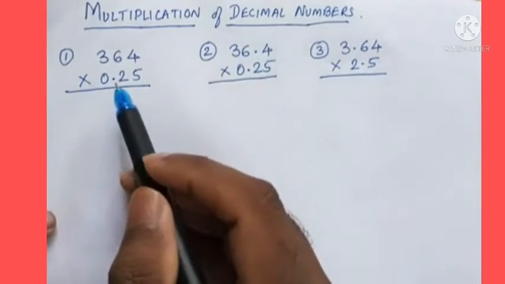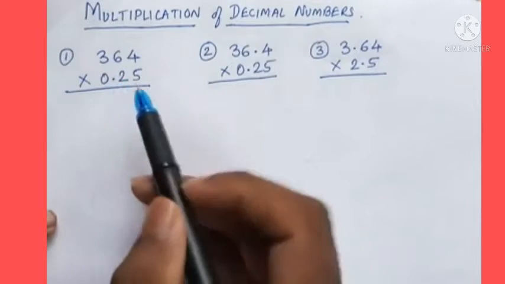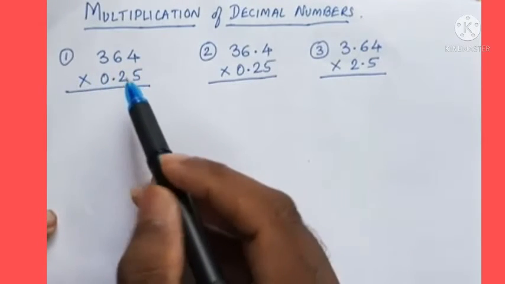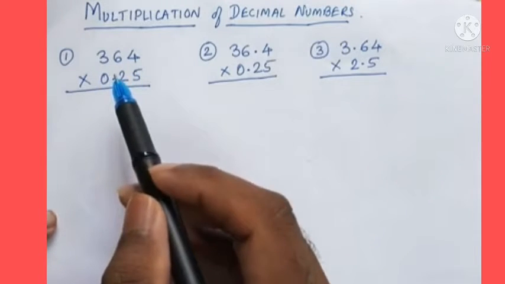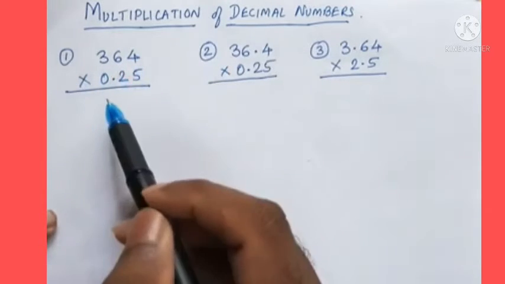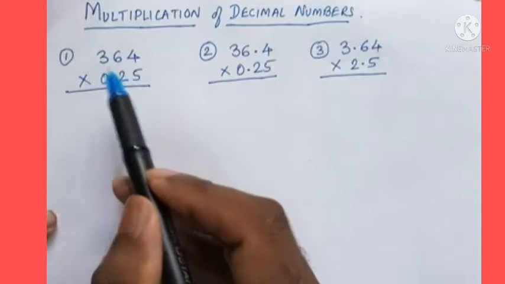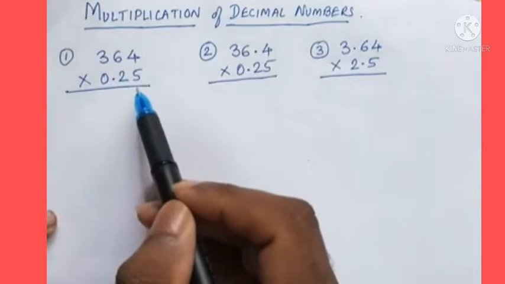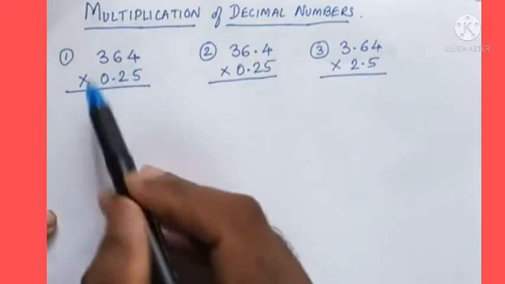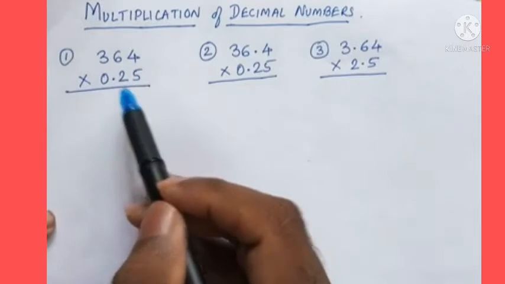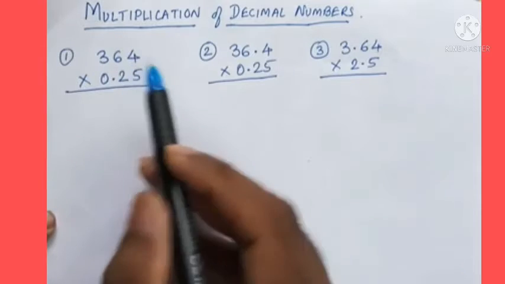So the first rule while multiplying numbers involving decimals is to write it down and then multiply by ignoring the decimal in the first place. So in the first step, we need to multiply 364 by 25, ignoring any decimal here. In both the numbers, we should ignore the decimal and multiply first.